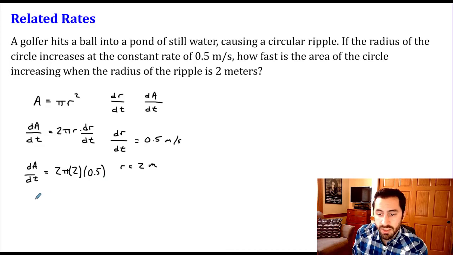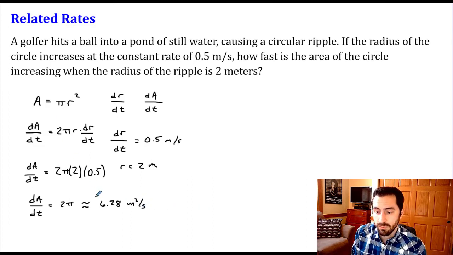Now if I just do a little bit of simplifying here, we have 2 times 2 times a half. So that is just equal to 2, and we have our pi. So that means that roughly, if I round this a little bit, our area is increasing at a rate of about 6.28 meters squared per second.